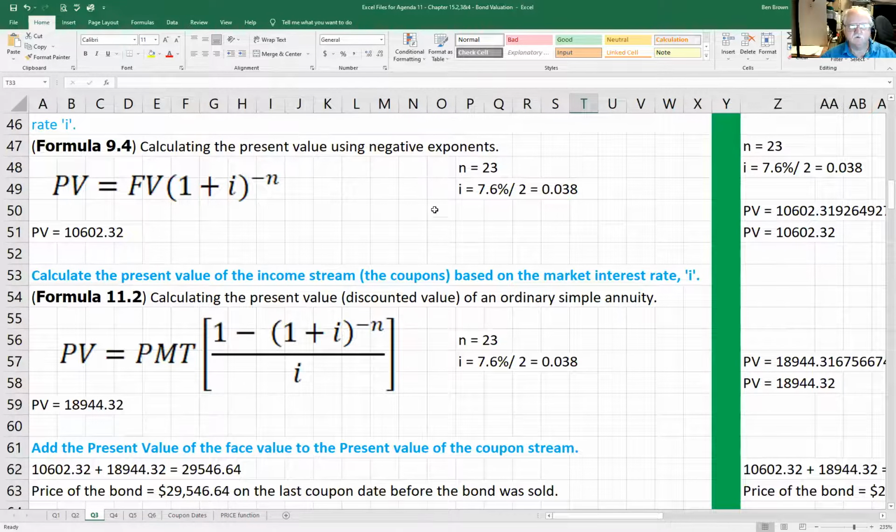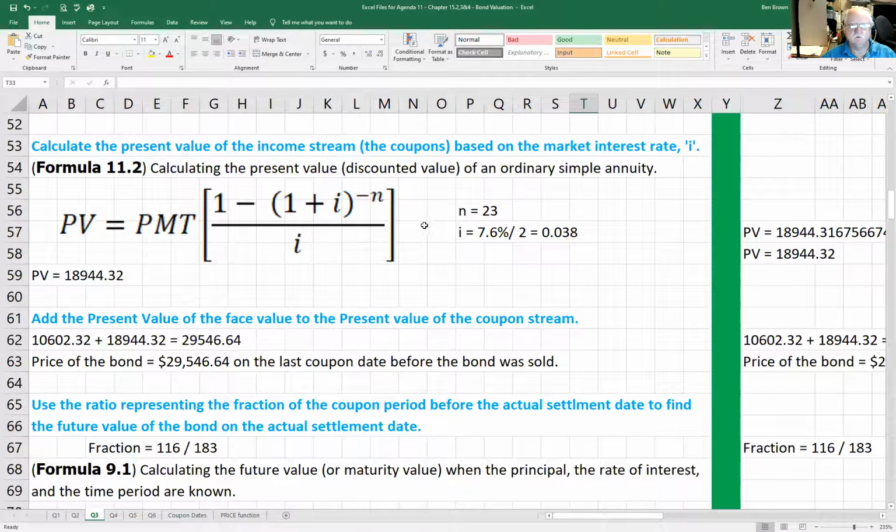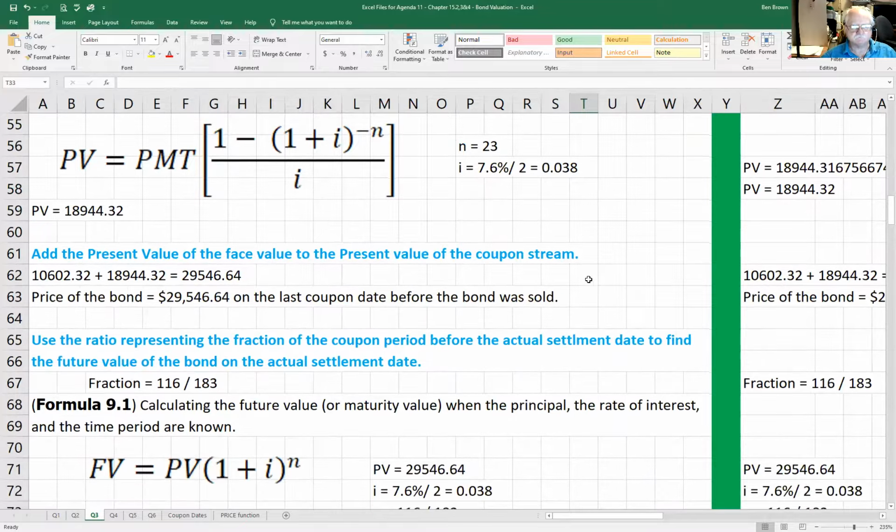Notice we first off have to find the present value of the bond, which we had done. Then we're going to find the present value of the coupon stream. And this is all the coupons that are left on the bond. We still haven't dealt with the fact that they've got to divide up this one coupon between the buyer and the seller.